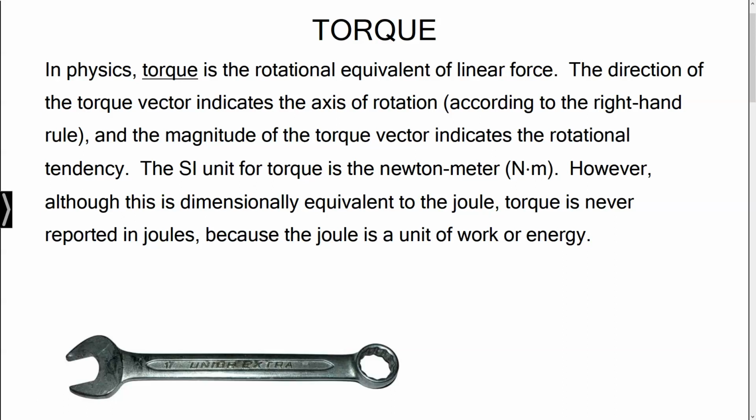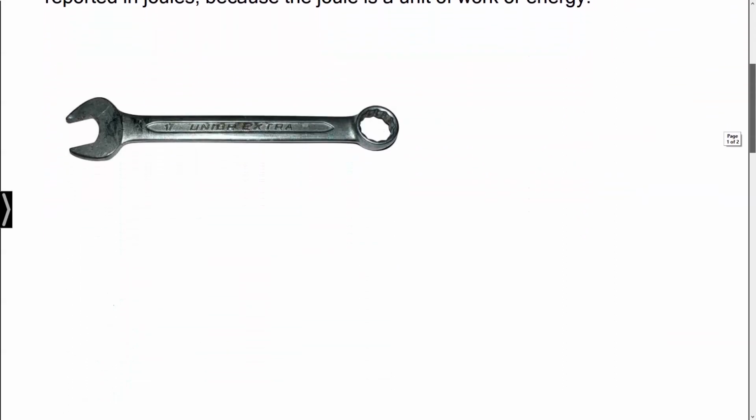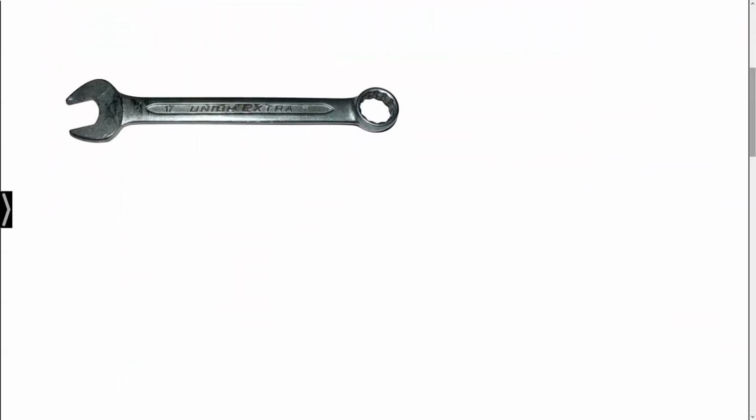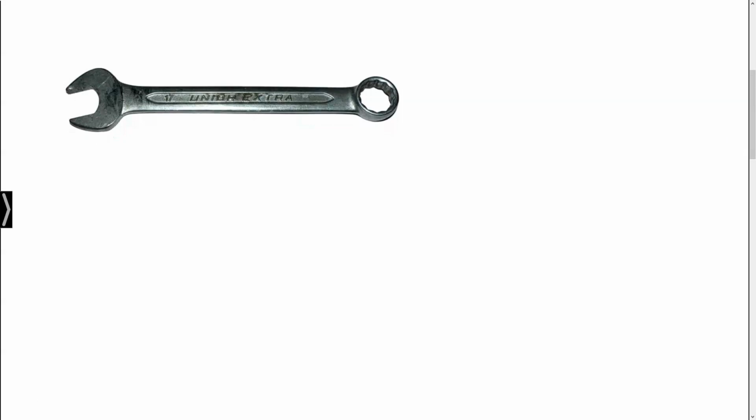So let's look at a wrench here. Let's say that we're tightening a wrench. The setup is that we have two vectors. We're measuring from the very center of where we're rotating about, so here it would be right here. One vector is what we'll call a position vector.